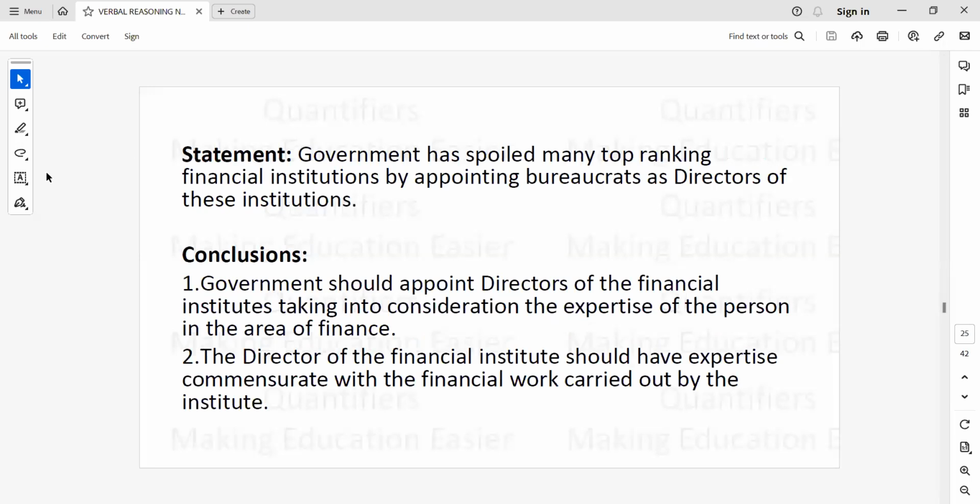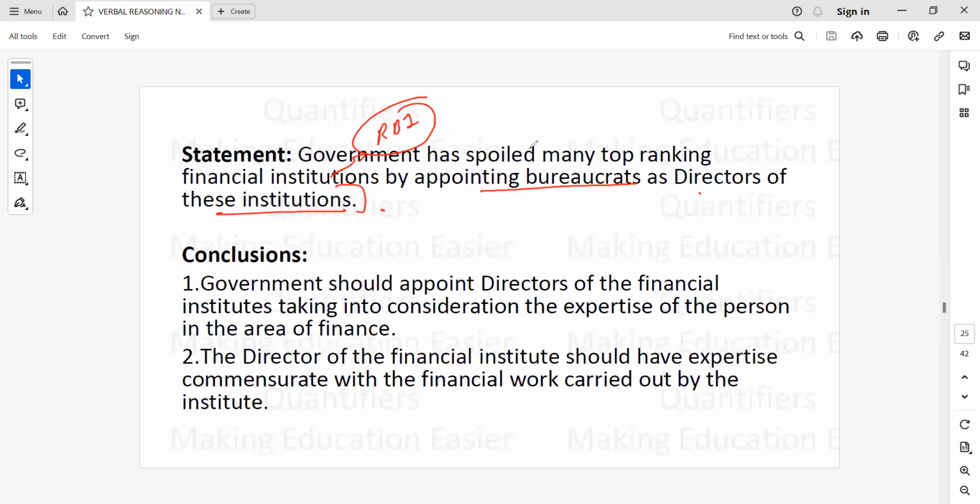Now, government has spoiled many top-ranking financial institutions by appointing bureaucrats as the directors of these institutions. There was a case related to the RBI where the governor was not from an economics background.